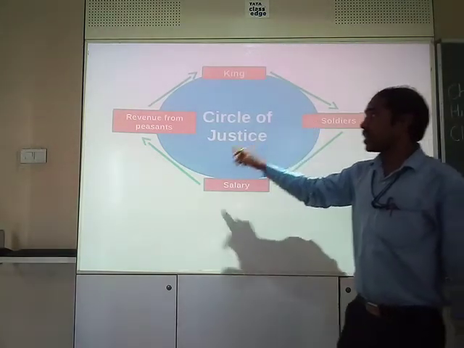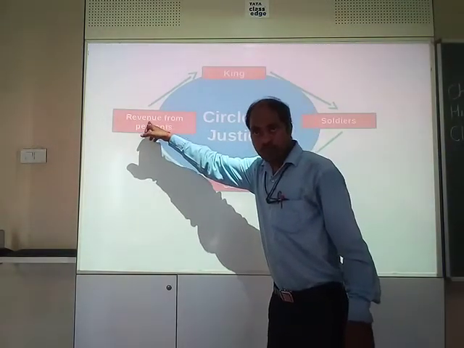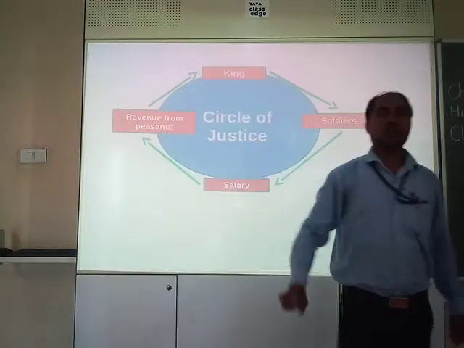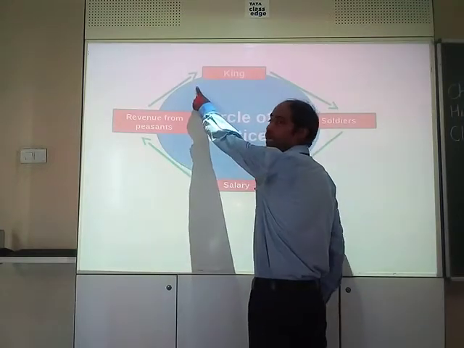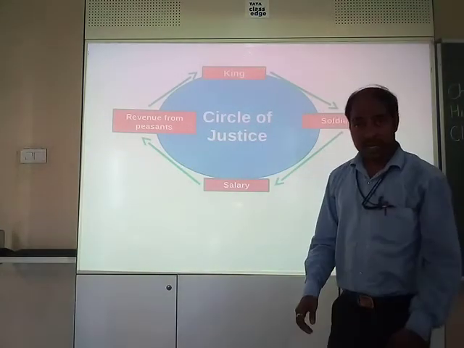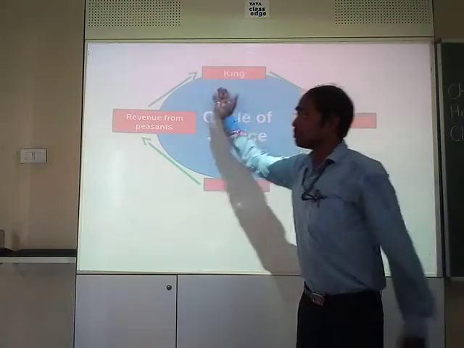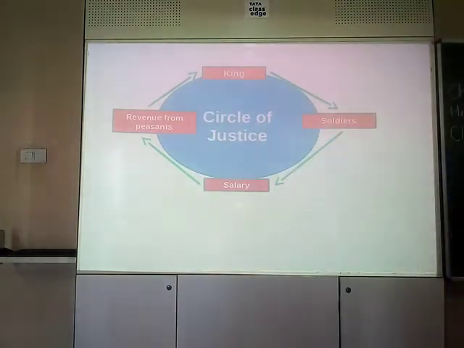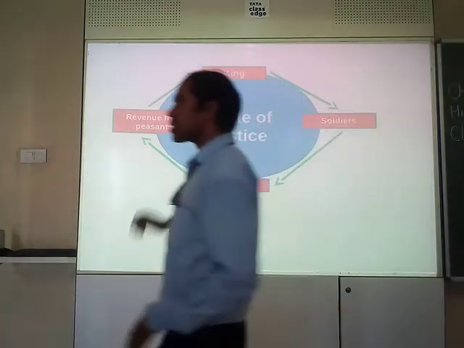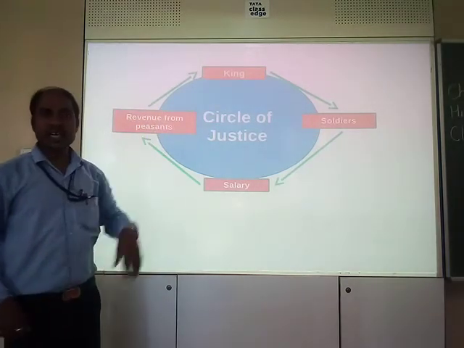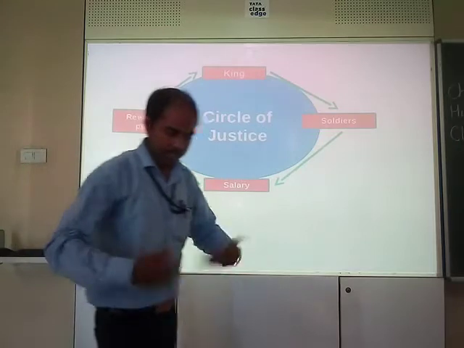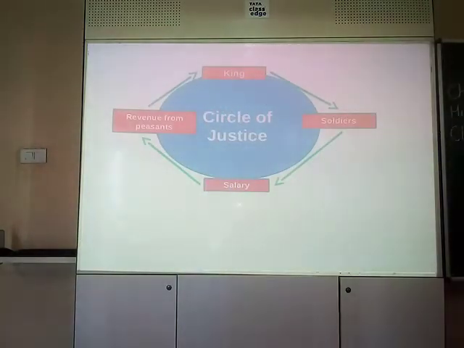Salaries will come when the peasants provide the revenue, and they will provide the revenue only when they are happy with the honest governance of the king and satisfied with the king. If the king is honest with the governance and also thinks for the peasants, the peasants can also think for the king, and they can produce the demand. Right, so this was the circle of justice.